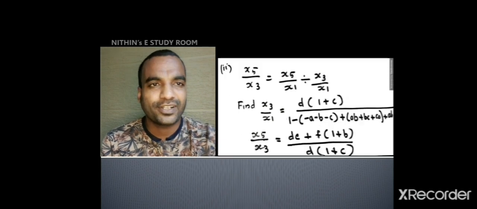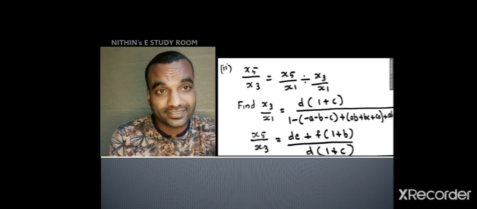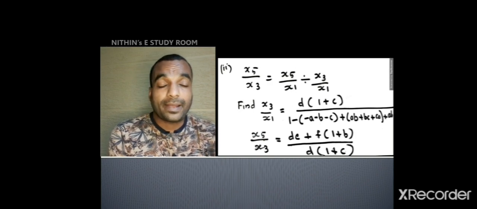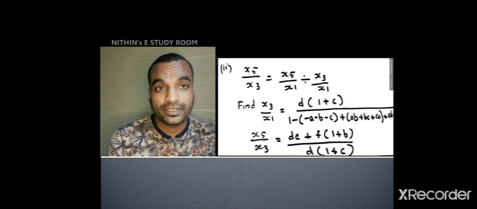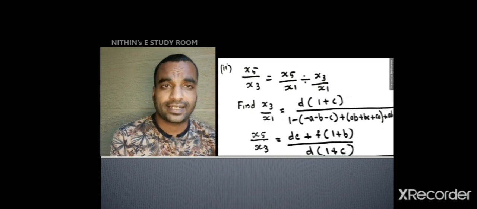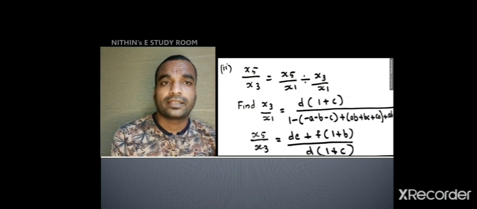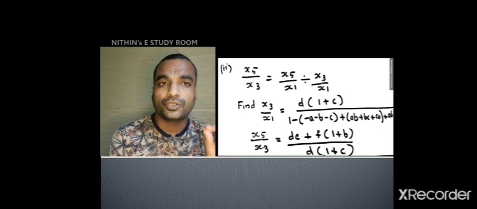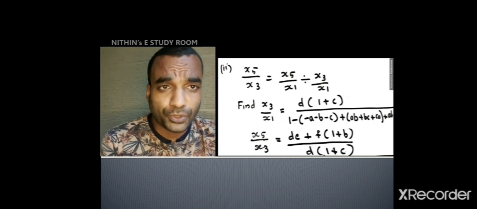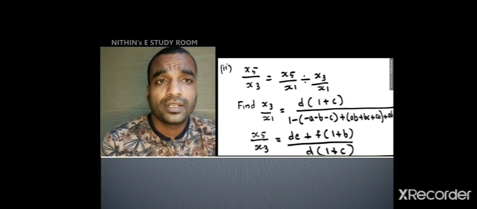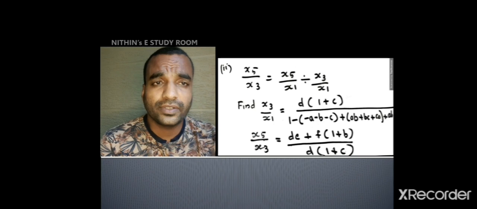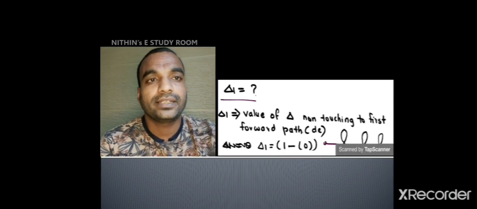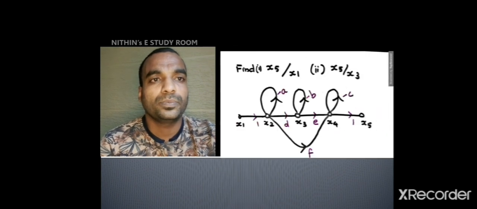Now you have one more question. What is x5 by x3? Actually, I am not going to solve this question, but I have added it to give you some information. You cannot find x5 by x3 directly because among these two, neither is an input node. x5 is a perfect output node, and x3, you can check, is not a perfect output node.